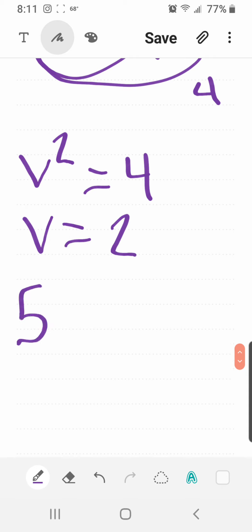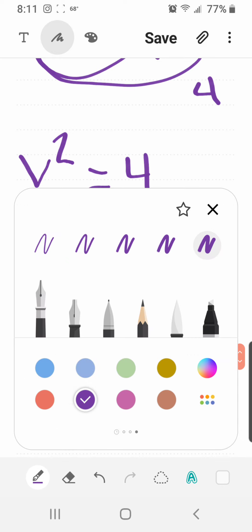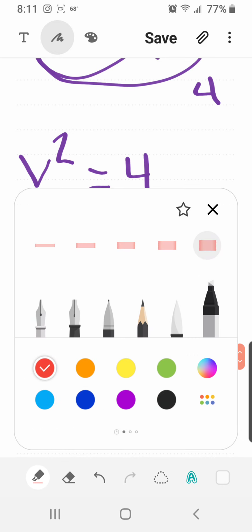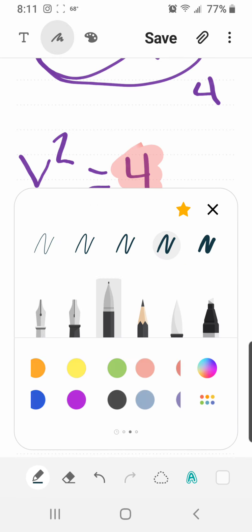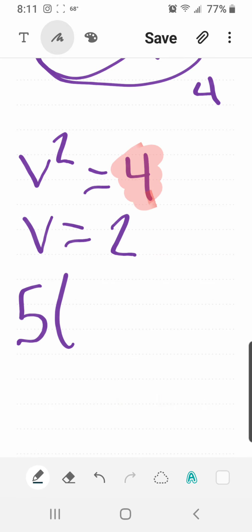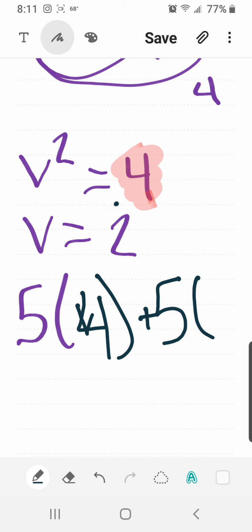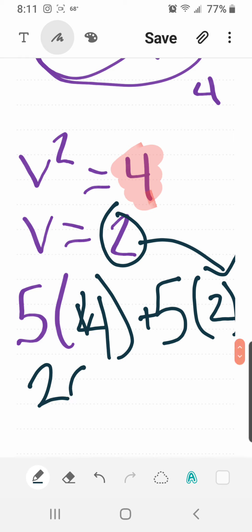So if we have 5v squared, putting that v squared in there, that's 4, so 5 times 4 is 20, plus 5v, that's 5 times 2, that's 10. That's 20 plus 10, well, that's 30.